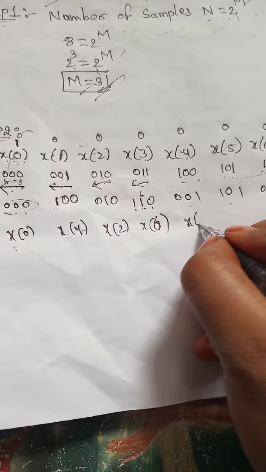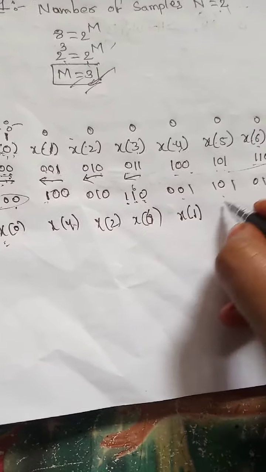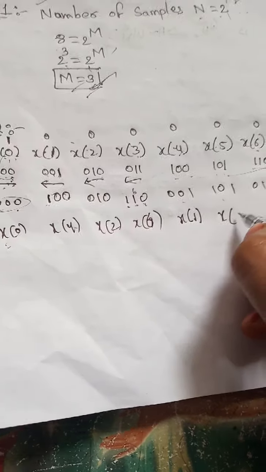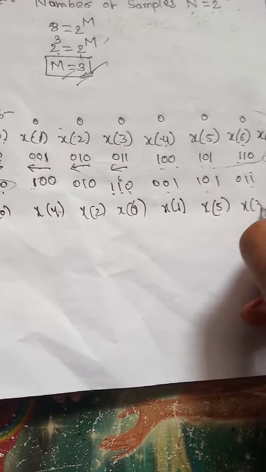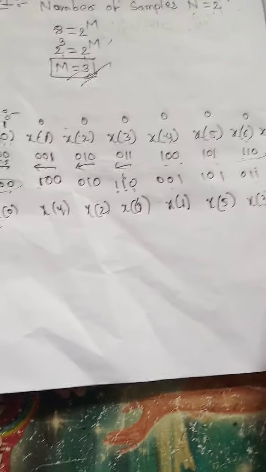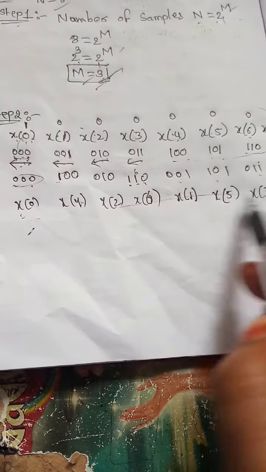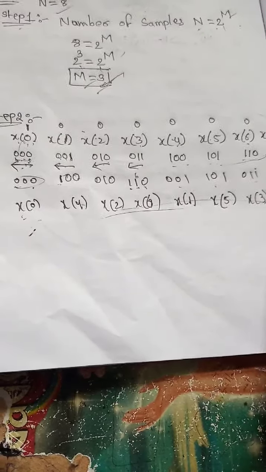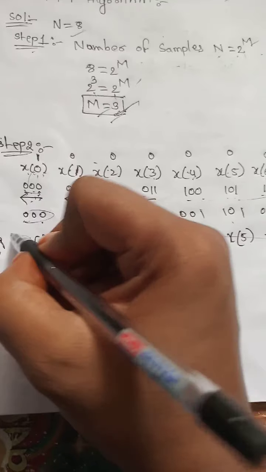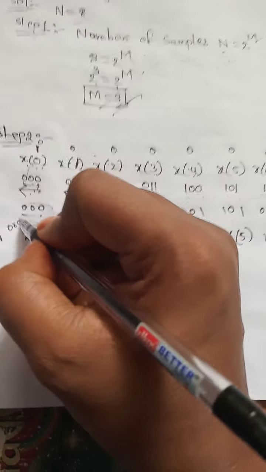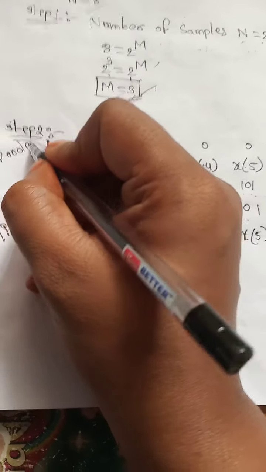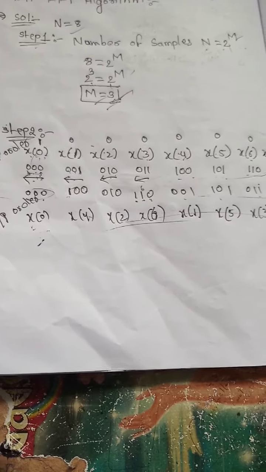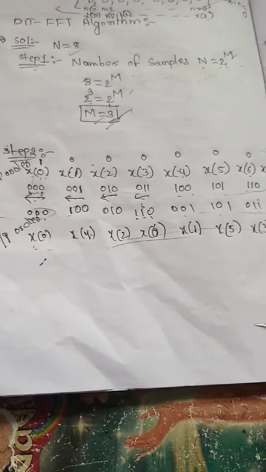Here it is x of 1, x of 5, x of 3, and x of 7. So the inputs are in this reversal order, and the output order must be normal order. Likewise we give the inputs and take the outputs.